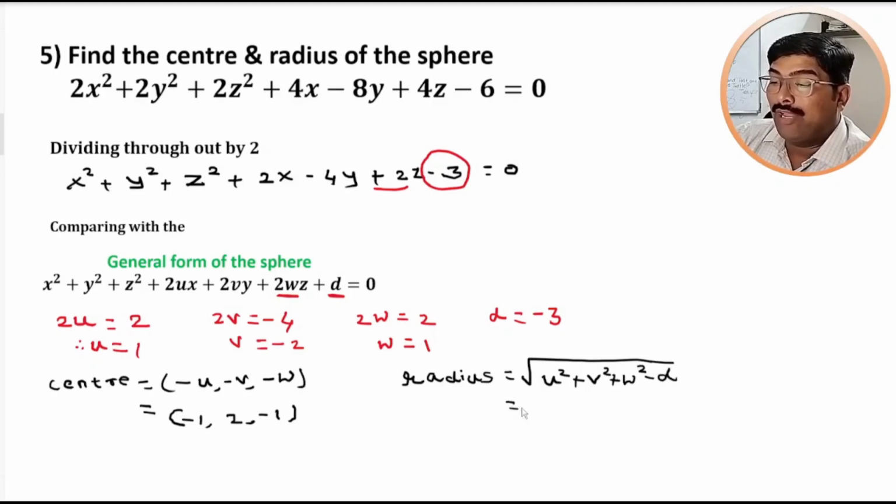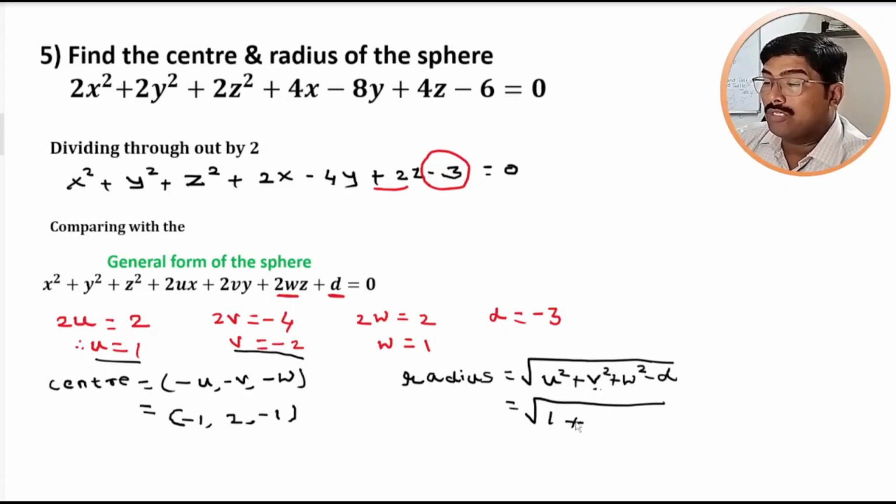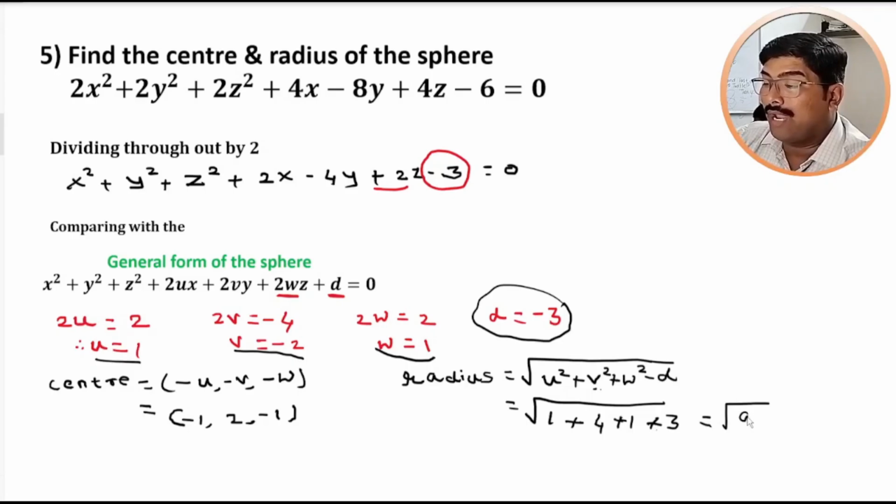So now you can substitute the value for u, u is equal to 1, so 1 square is equal to 1 only, plus, now substitute the value for v, v is equal to minus 2, minus 2 square is equal to 4, and similarly the value for w is equal to 1, w square, that is 1 square is 1, minus substitute the value for d, d is equal to minus 3, minus 3 into this minus you will get plus 3, and on simplifying you will get square root of, that is 4 plus 1 is 5, 5 plus 1 is 6, 6 plus 3 is equal to 9. Therefore, the value of radius is equal to 3.